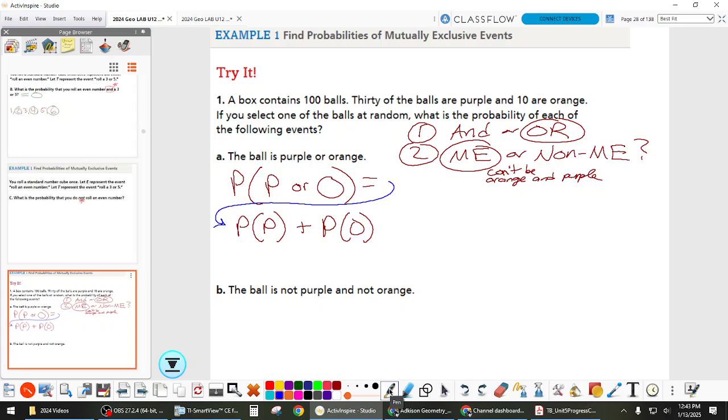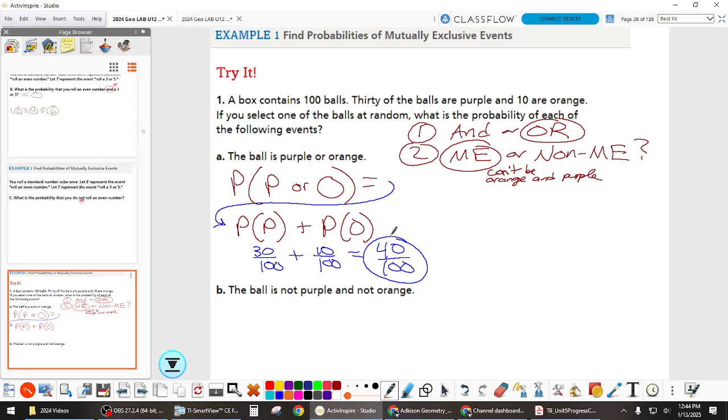What's the probability of purple? 30 out of 100. And orange? 10 out of 100. What do we do when we add fractions with like denominators? Add the numerators, so we get 40 out of 100, which we could reduce to 4/10, but this is nice because what percent is 40 out of 100? It's just 40%. So it was or probability and it was mutually exclusive.